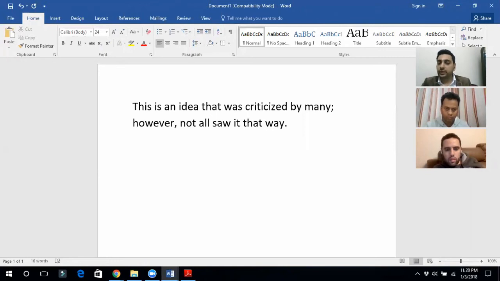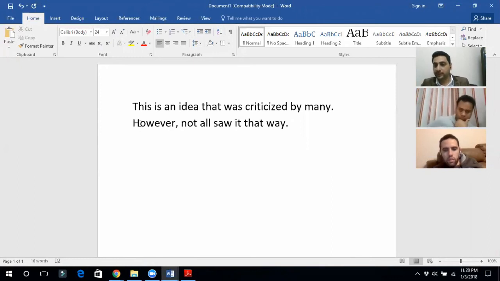But these words can also be used with a new sentence, like you can put a full stop here. Usually, most of the time, they are used that way, and then you write however, comma, not... also in that way. Clear?